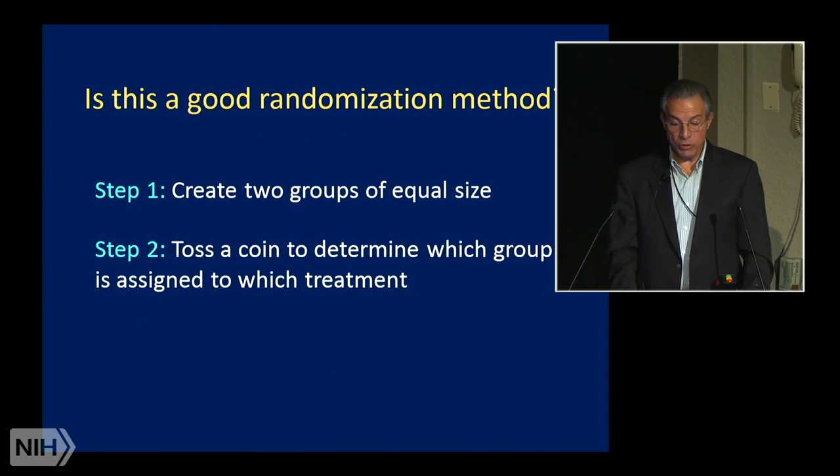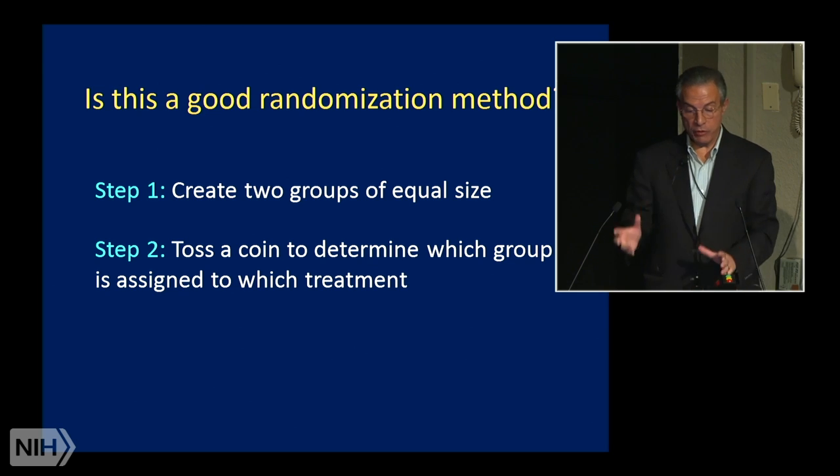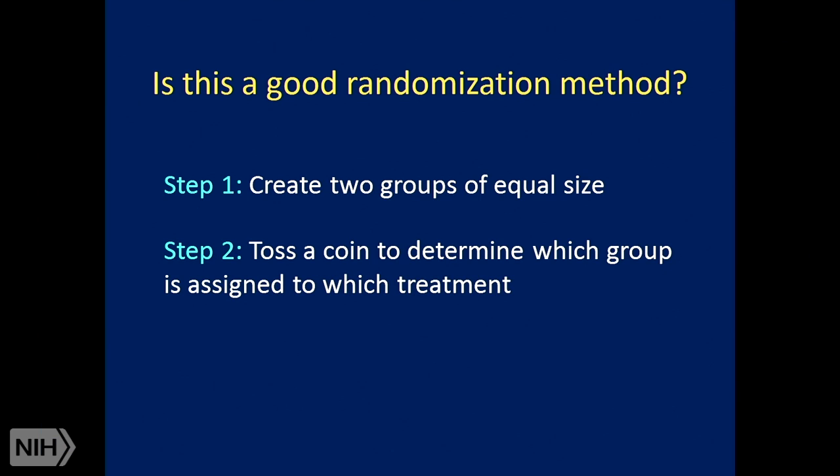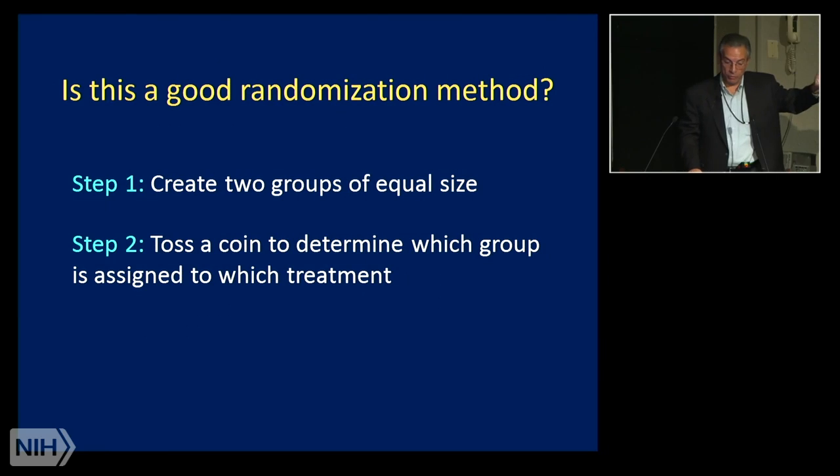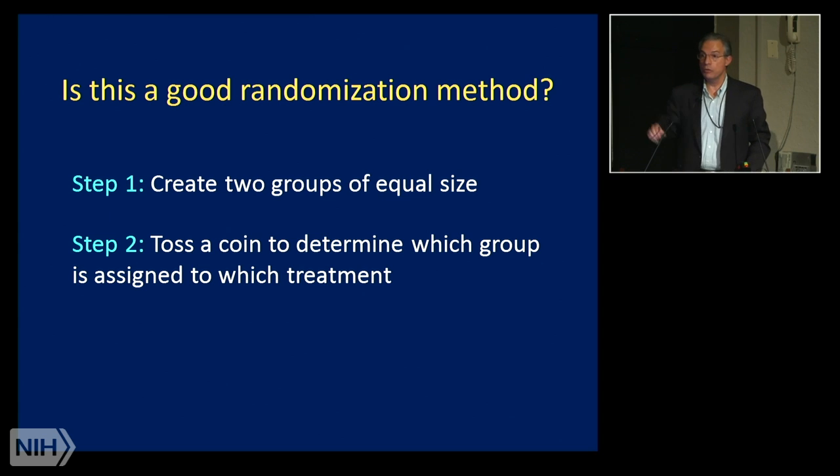So, is this a good randomization method? You create two groups of equal size. You toss a coin. So people are coming, and you form two groups, and then you toss a coin, and you send the groups based on the toss of the coin. You send the first group to A and the second group to B. Is that a good randomization method? No. Why?